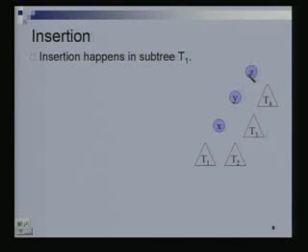Y is a child of Z, X is a child of Y. These two are children of X. T3 is the right child of Y, and T4 is the right subtree of Z. So in the next few slides you will see pictures without these links, but that's just to avoid the clutter. It should be completely clear what the relationships are. Now suppose I did an insertion in T1.